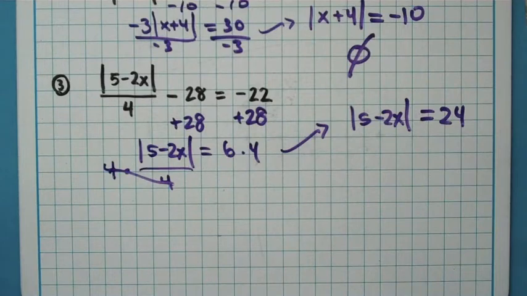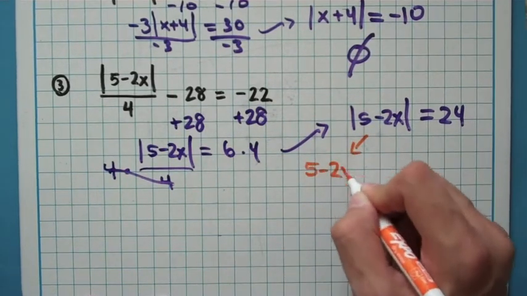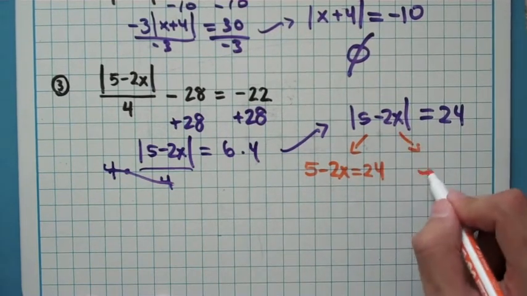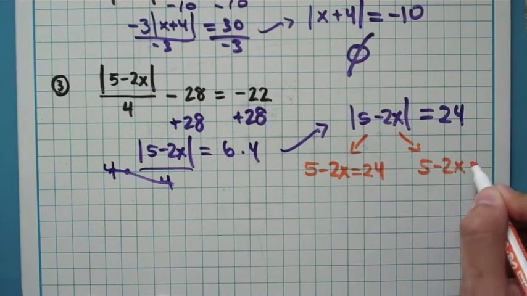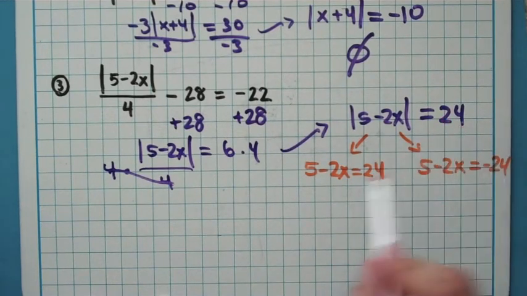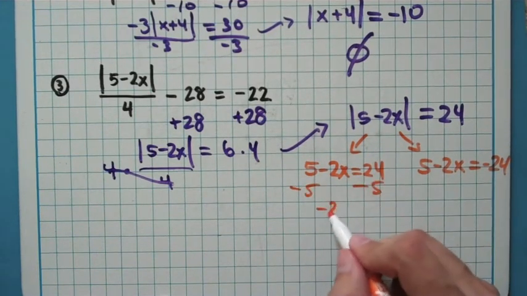So when I break it down into two pieces, remember, the inside stays exactly the same. Do not change it. The only thing that changes is your answer. 5 minus 2x equals 24, and 5 minus 2x equals negative 24. Leave the inside the same as it looked up there. So now I'm just going to go quickly and solve both of these problems.